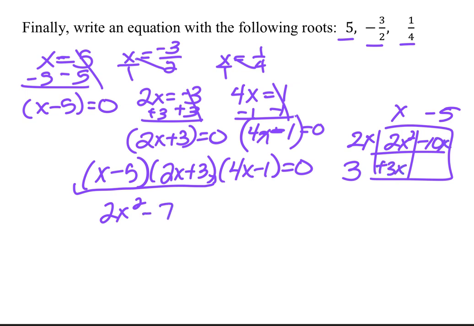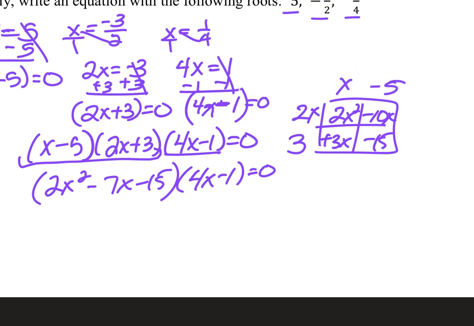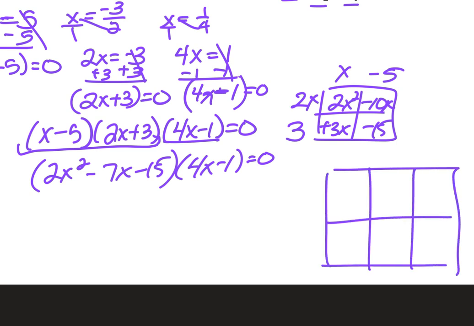So it's minus 7x, and then minus 15. So this is a trinomial here. And then I have to multiply that times this binomial. So multiplication gets a little much, but you can do it. You can do it. All right, and then I'll just do it this way.